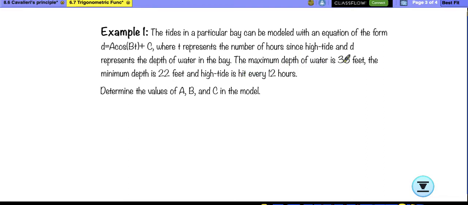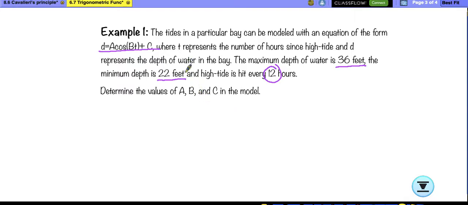The maximum depth of water is 36, and the minimum is 22. High tide is hit every 12 hours. We are going to determine these three numbers. How do we write down the final equation?